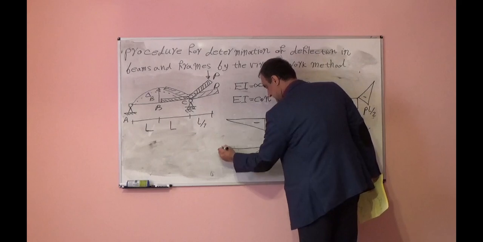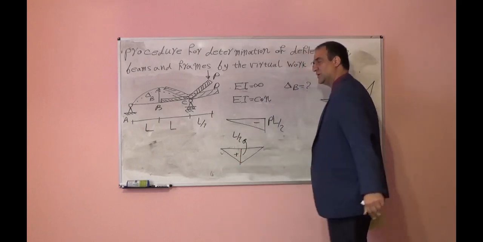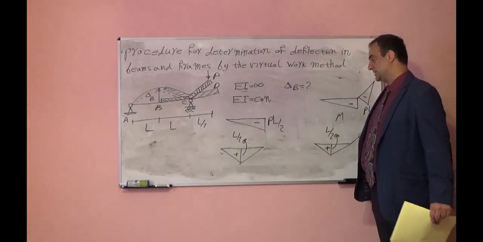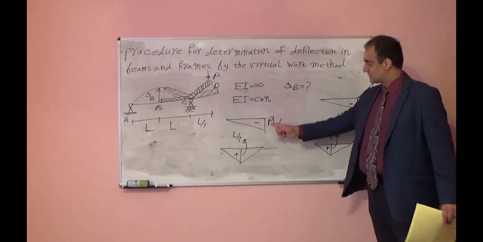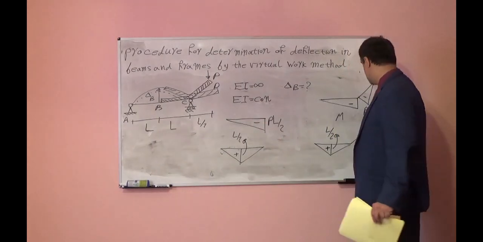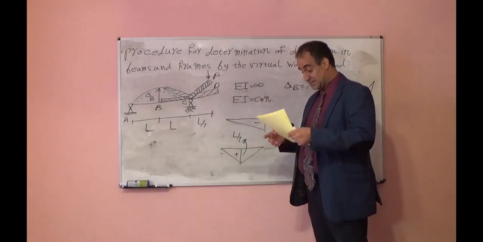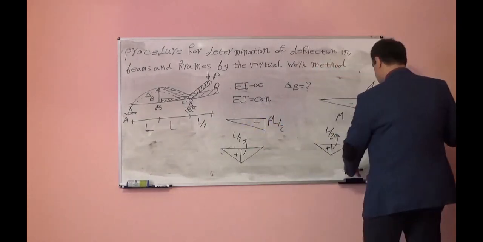Here is positive L over 2. If you check those integration tables, you will see if the moment diagram under real load is a triangle like this, and under virtual load is another symmetrical triangle like this, the coefficient should be 1 over 3.